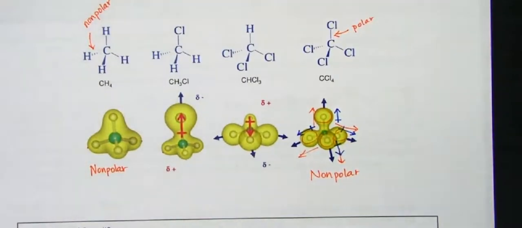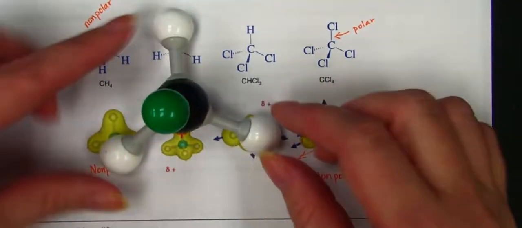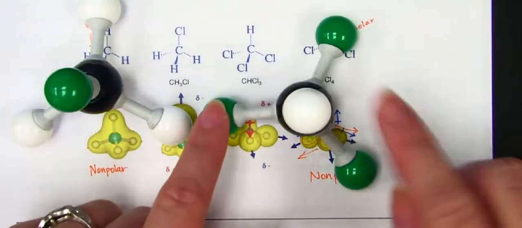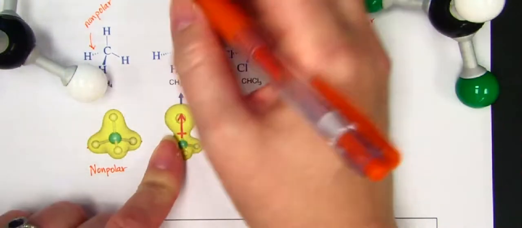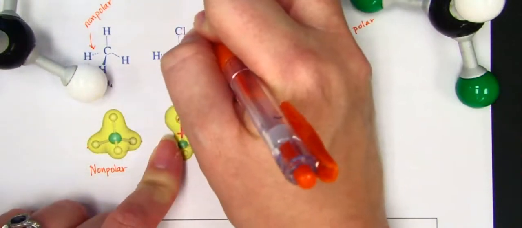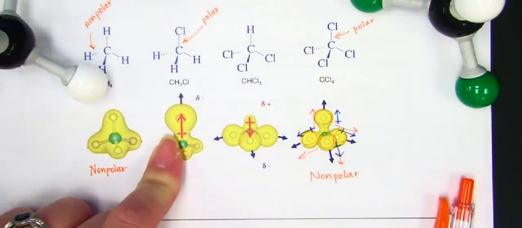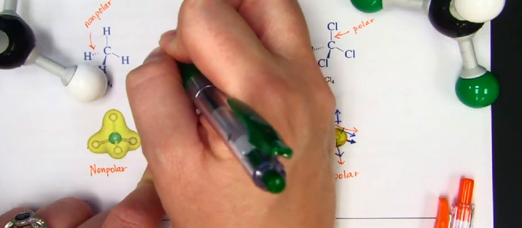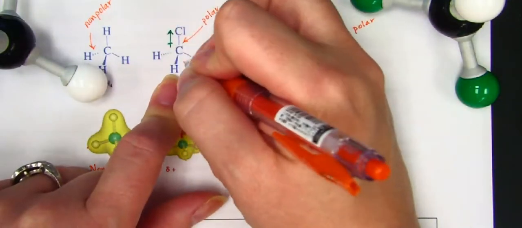So I have 2 examples here. In this first one, I have 3 hydrogens and 1 chlorine. And in the second one, I have 3 chlorines and 1 hydrogen. With this, my carbon-chlorine bond is polar, and therefore pulling the electrons towards the chlorine because it's more electronegative. But my carbon and hydrogen bonds are nonpolar.